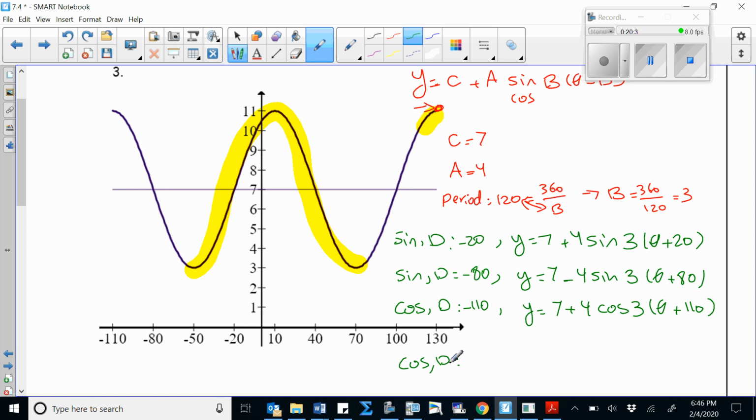So D is negative 50 and Y will be 7 minus, again, I made this mistake, 7 minus 4 cosine of 3 theta minus negative 50, which is positive 50, because the cosine graph is upside down. So as you see, we can find several functions for one graph. Either of them you write is correct and acceptable.